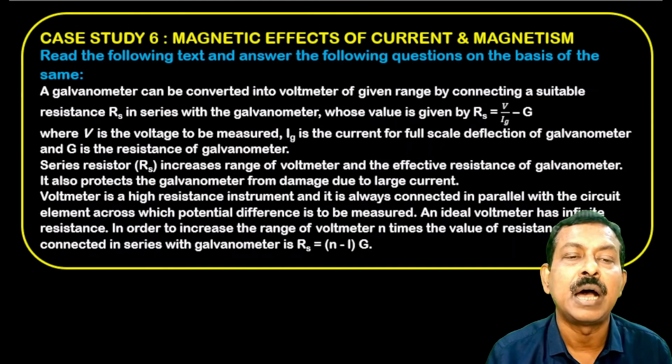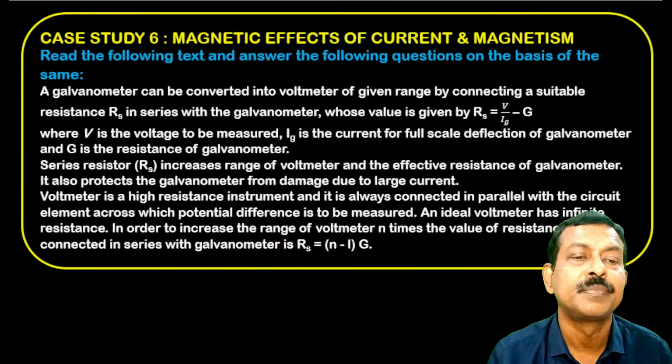Series resistor RS increases the range of the voltmeter and the effective resistance of the galvanometer. It also protects the galvanometer from damage due to large current.